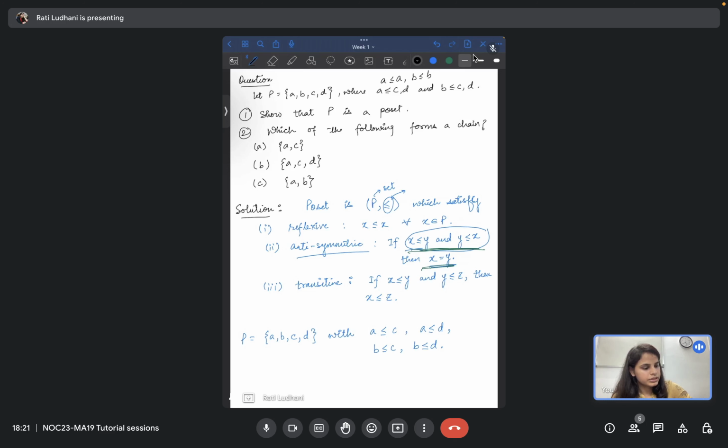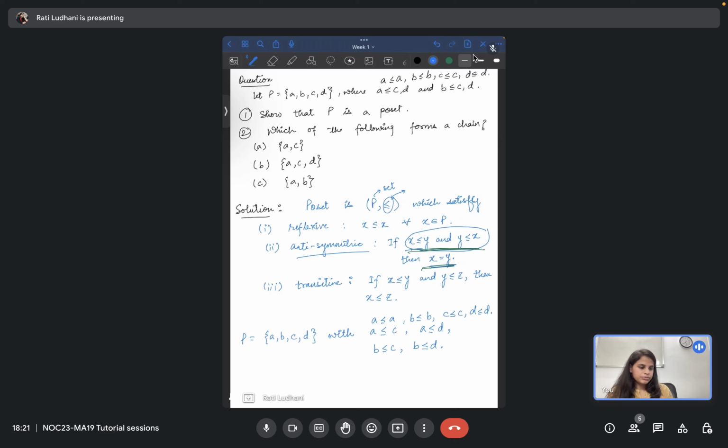Everything is related to itself. So A is less than or equal to A, B is less than or equal to B, C is less than or equal to C, and D is less than or equal to D. I'm adding these conditions. So you have 8 relations if you count.